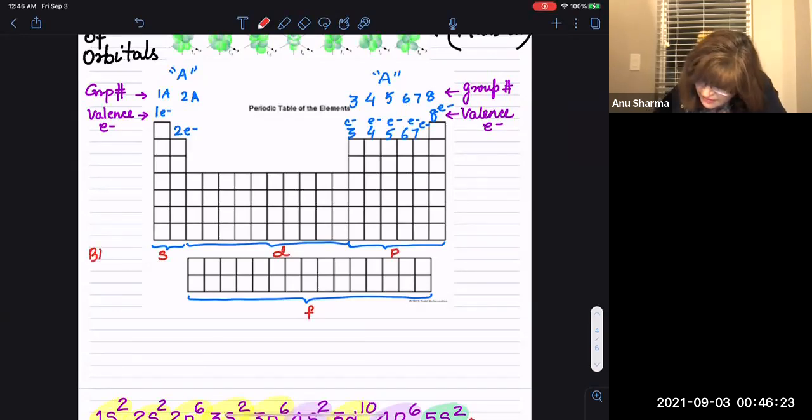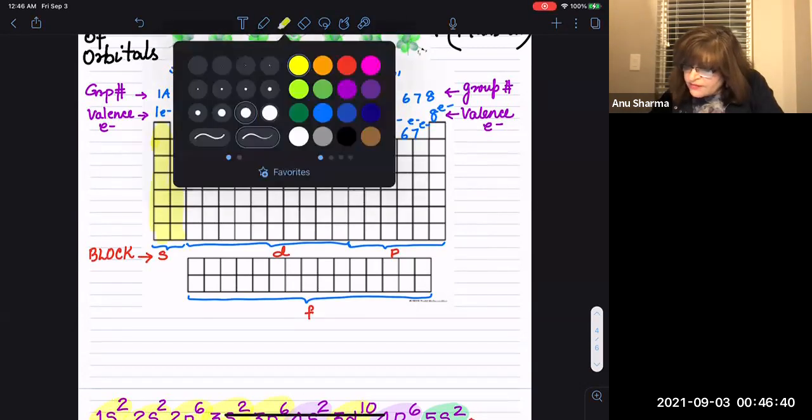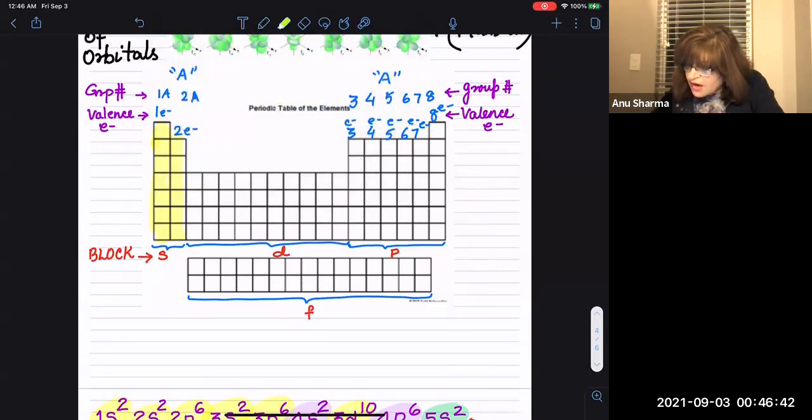So that's the blocks. Now why is it an S block? Because the valence electrons are ending in the S orbital. Here, the valence electrons are ending in the P orbital, all of them. That is why these are called the P blocks.